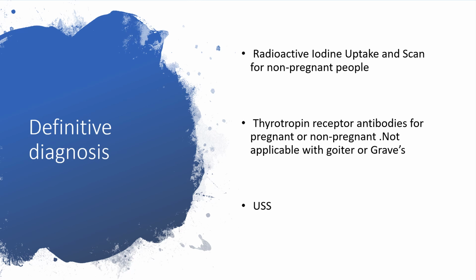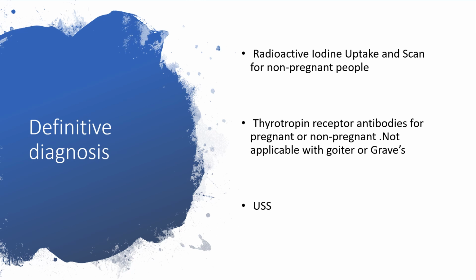Thyrotropin receptor antibodies for pregnant women. You can also have thyrotropin receptor antibodies for non-pregnant women as well. But when I said you can't have radioactive iodine uptake with scan done in pregnant women, then how do you make the diagnosis in pregnant women? Go for thyrotropin receptor antibodies.